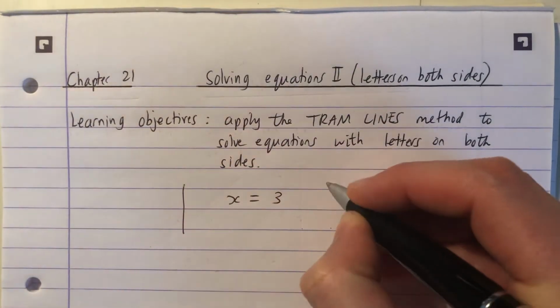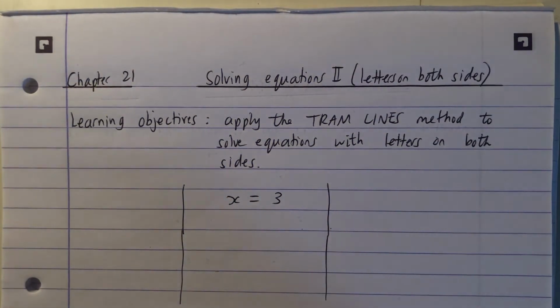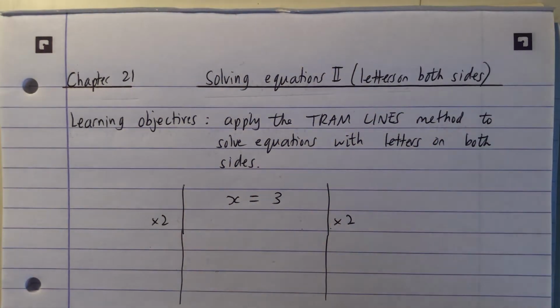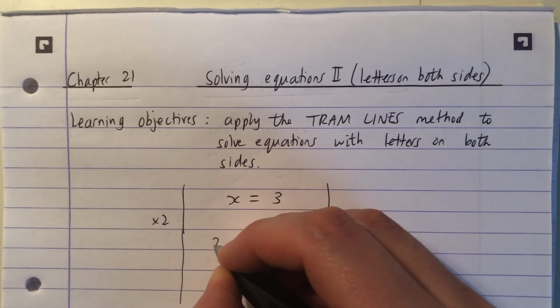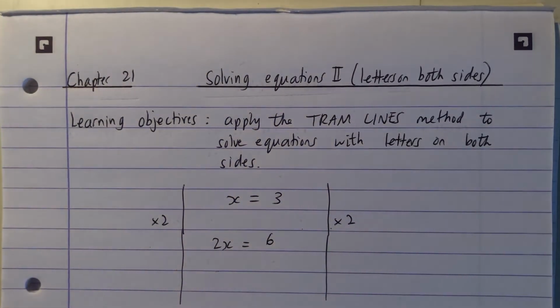One thing you can do is just multiply by something. So let's just multiply by 2. And what you get, the left-hand side becomes 2x, the right-hand side becomes 6. So that is how I showed you to get a one-step equation. Take the answer and just times both sides by 2.